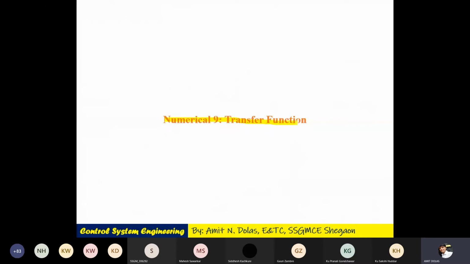Then numerical number 9. We are covering all the numericals today because later we'll be moving to the next part of this unit, that is modeling of the system, and later block diagram reduction and signal flow graph, and we'll complete this unit in this month.